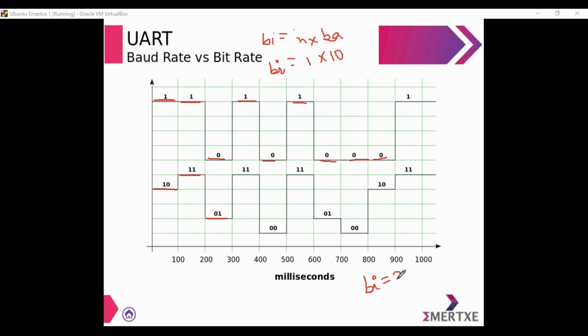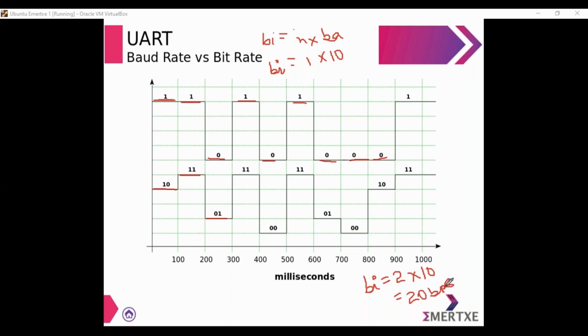I have 2 bits per symbol. There are 10 symbols being transmitted, so baud rate is 10. So bit rate here is 20 bits per second. Are you able to follow this? So it is 20 bits per second.